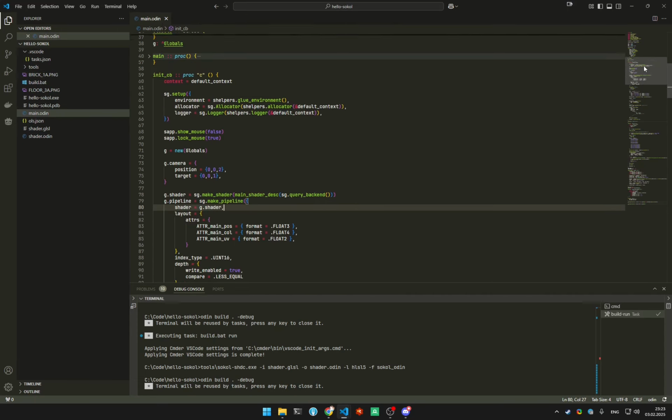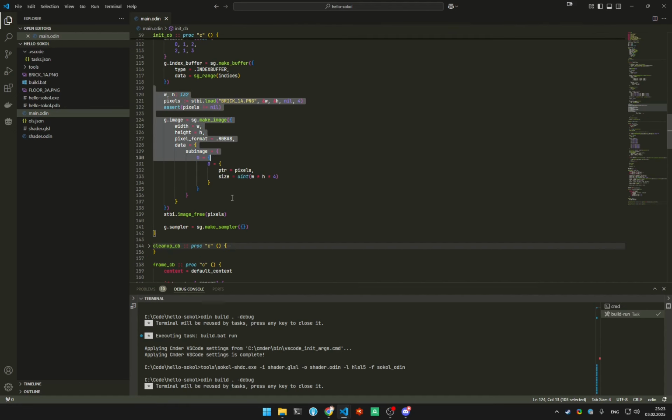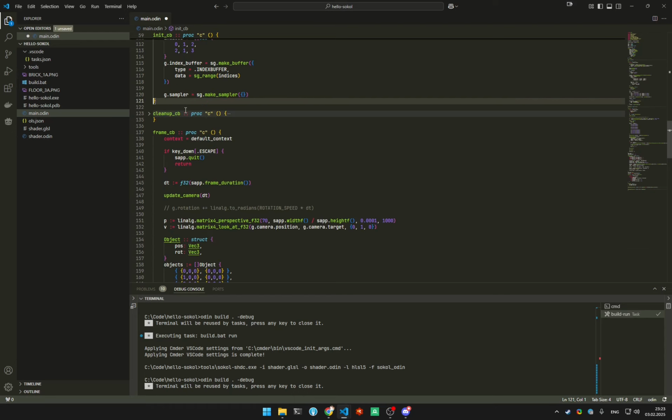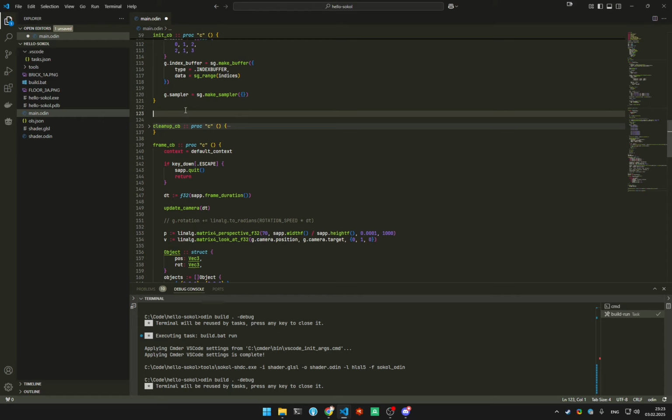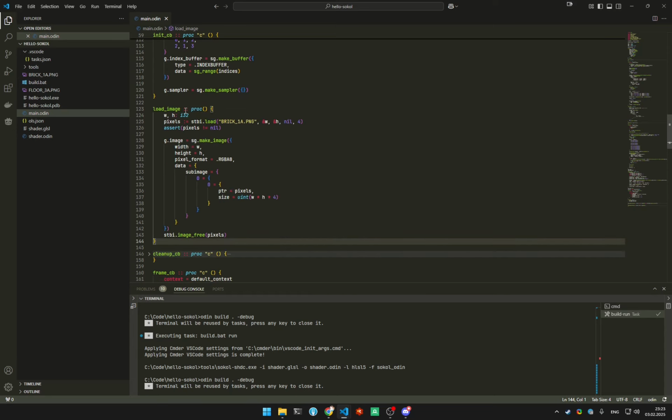And how we load, if you remember, is in the initialization. We have this function to load stuff and to make an image. Maybe we should extract it into a separate procedure. I'm sorry, not a function. So a load image procedure, and it should return the sg image because it actually uploads it, and maybe we should even call it upload, but I don't know.